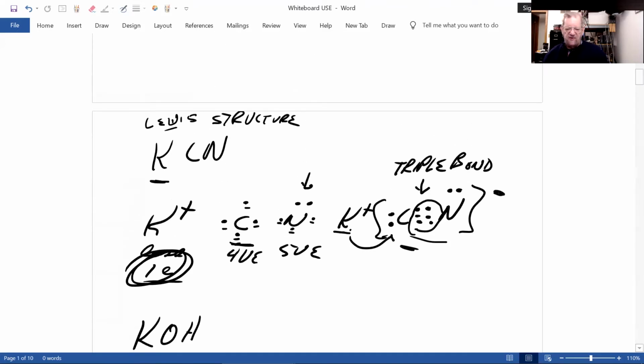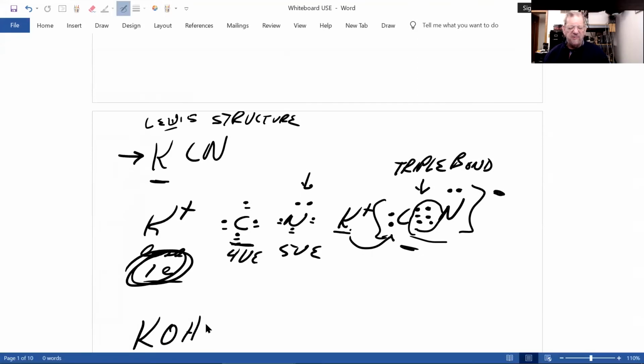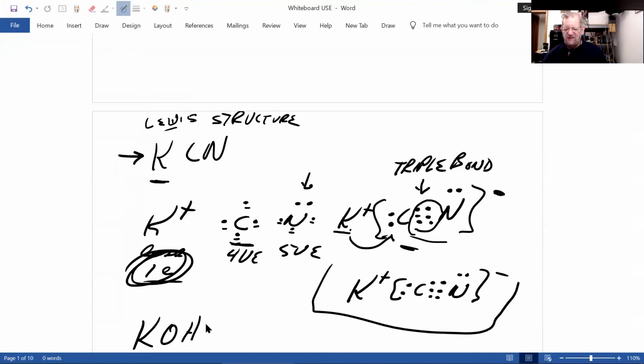All you would have to do for this answer, if I asked you to draw the Lewis structure of potassium cyanide, is write down what's in the box here. That would be your answer. The stuff up here you don't have to show, but I'm showing you how you get to the answer, and that's why I always show it.